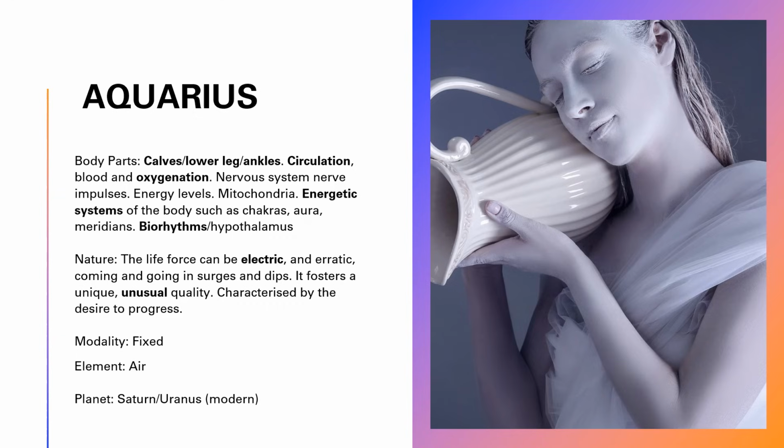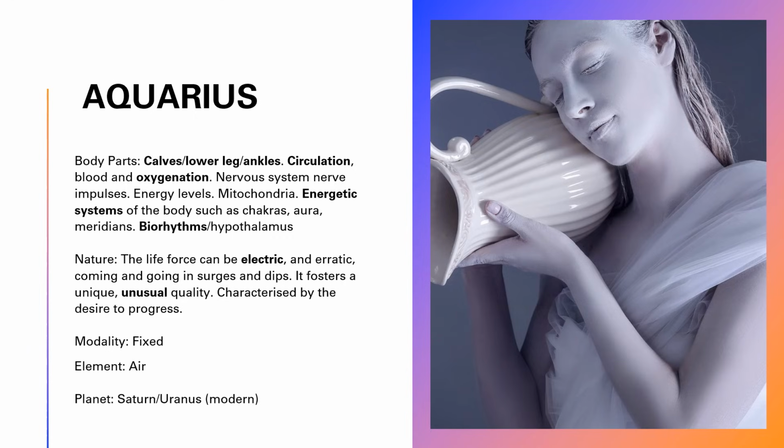So Aquarius quite often has an association with anemia. Mitochondria, so the energy levels, energy systems of the body. So there's a lot to do with anything that energizes the body, whether it's the nervous system, whether it's oxygen in the blood, whether it's energetic systems like your aura, meridian, chakras, and so on.